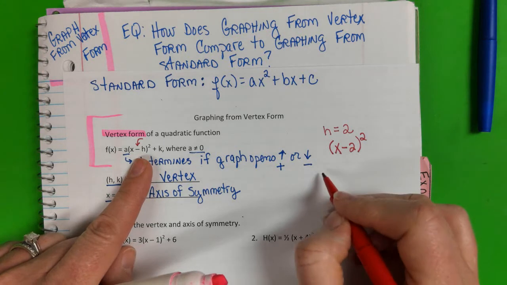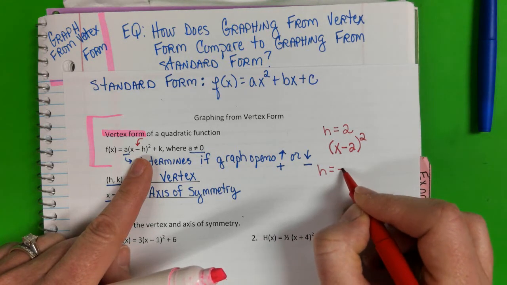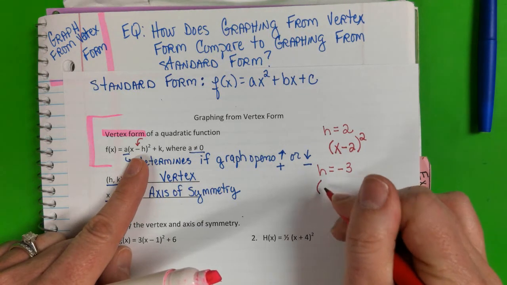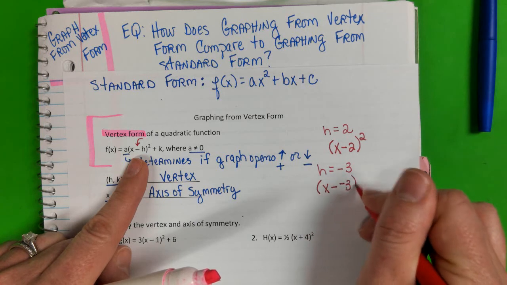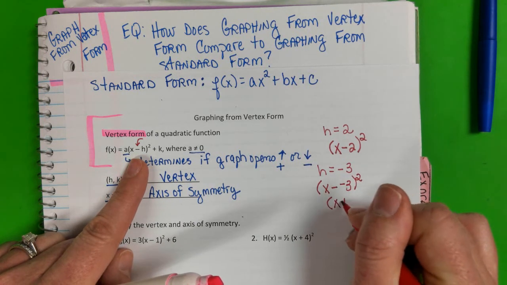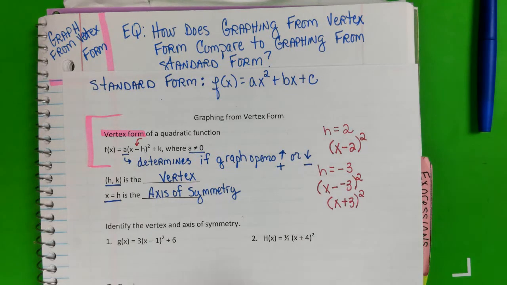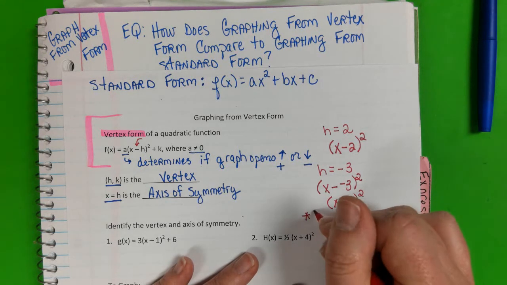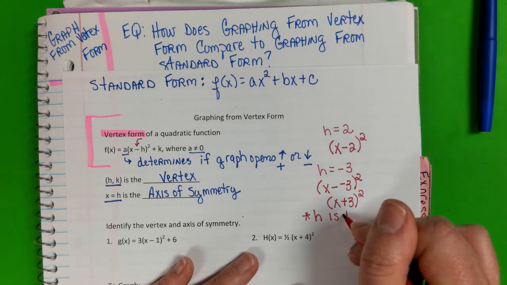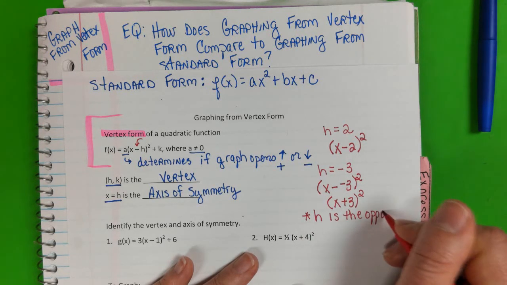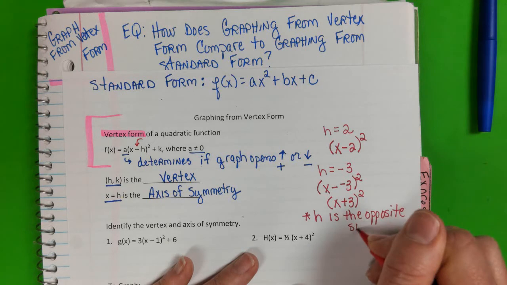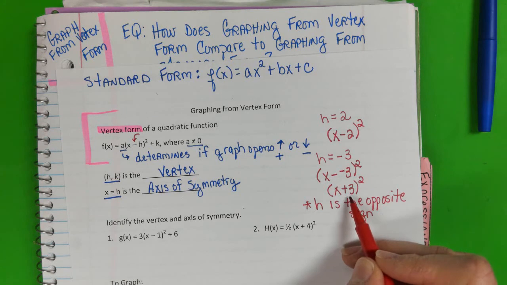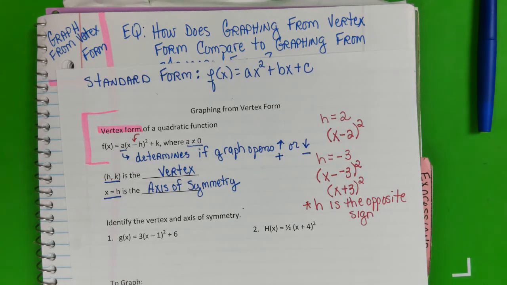And then let's say that I told you that the h value was negative 3. When I plug negative 3 into my formula, I'm going to say x minus negative 3, which is really x plus 3. So really important here to note is that the h value is the opposite sign of how it looks in the equation. Okay, it's the opposite sign. So if I saw (x plus 3) squared, I would need to say that the h value was negative 3. Okay?